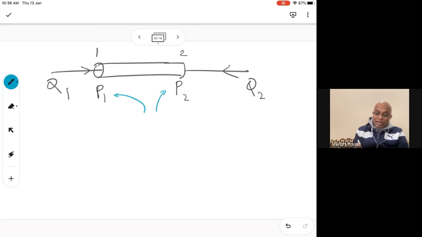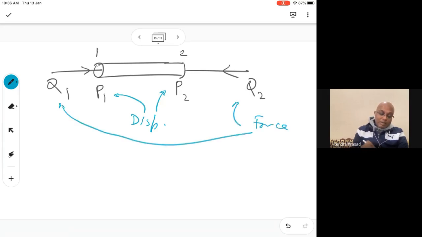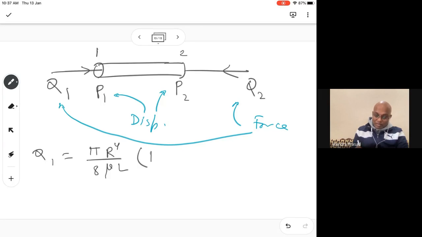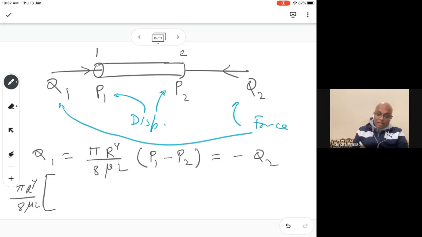This pressure is like our displacement, and Q1 and Q2 are like forces. The equation is Q1 equals pi R^4 over 8 mu L times P1 minus P2, and that is equal to minus Q2. If you rearrange, you get pi R^4 over 8 mu L times the matrix [1, -1; -1, 1], times [P1; P2], equal to [Q1; Q2].